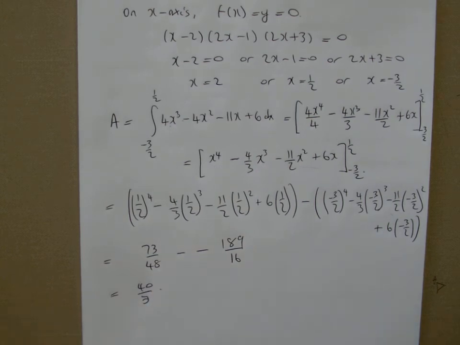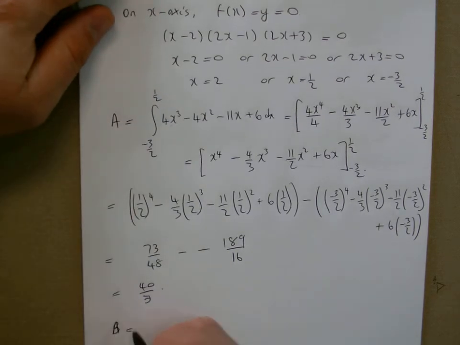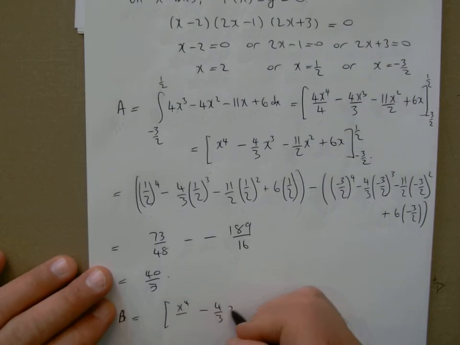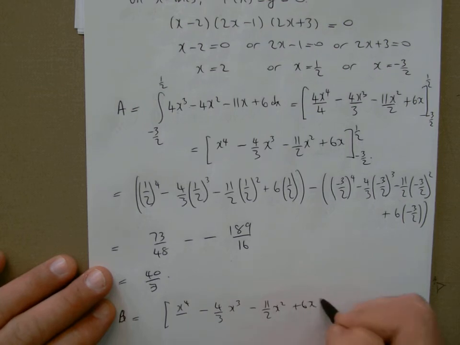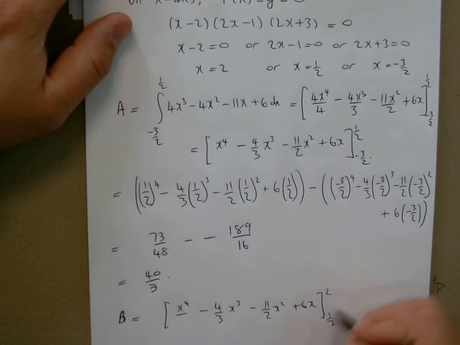Okay, so what we'll do then is we'll do the same for area B. Now we've already integrated it, so I'm going to put that in straight away. Now the lower limit is a half and the upper limit is 2.